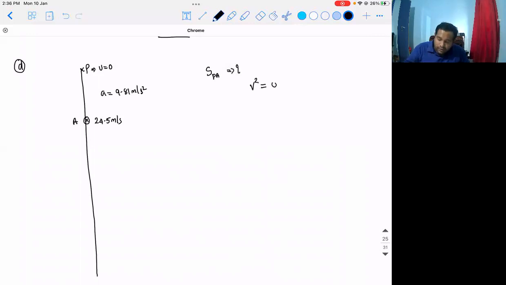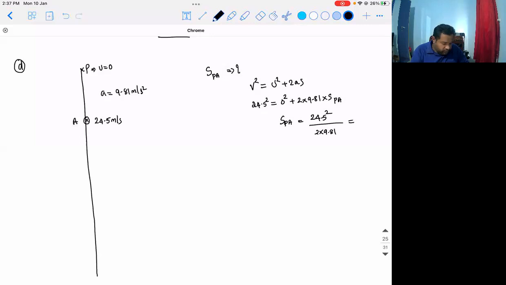V square is equal to U square plus 2as. So 24.5 square is equal to 0 square plus 2 times 9.81 times S_BA. So S_BA would be 24.5 square divided by 2 times 9.8. So please calculate 24.5 square divided by 2 divided by 9.8. So that is 30.59 meters.